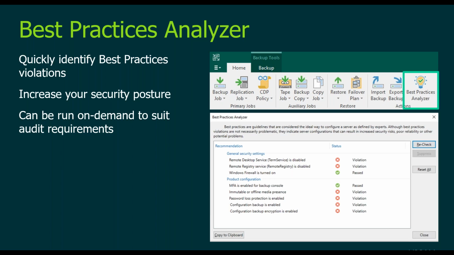Correspondingly, this check is run in real time when you run it. So if you make any changes, you can immediately rerun the analyzer tool to see the impact and make sure things are rectified.